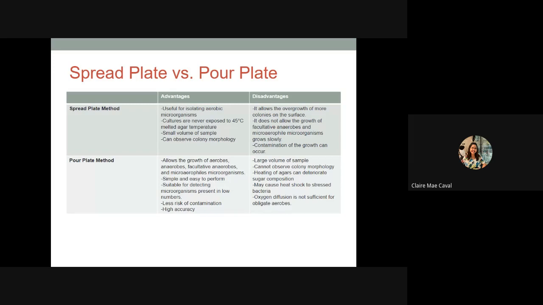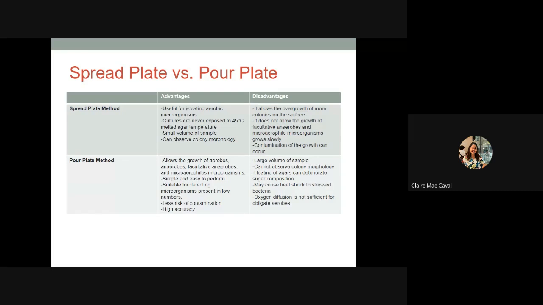Then one of its advantages as well, it uses a small volume of sample, only 0.1 ml of sample. And then you can also observe colony morphology, whether it's raised, elevated, for example, or moist, because the colonies are on the surface. Okay? For its disadvantages, it allows the overgrowth of more colonies on the surface.